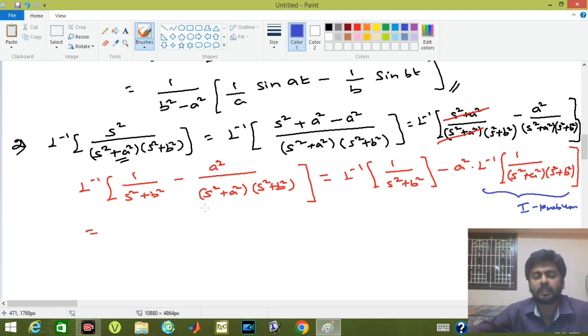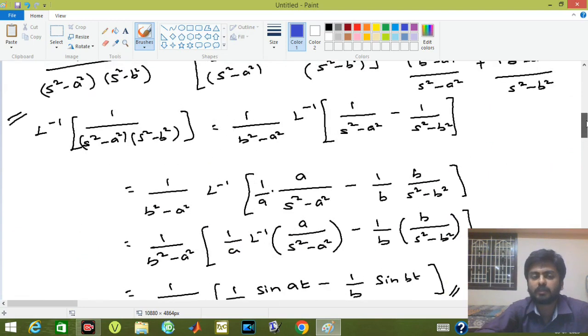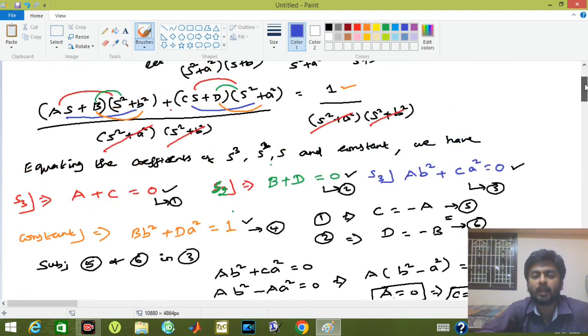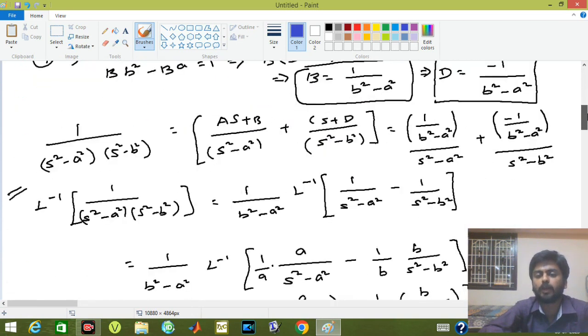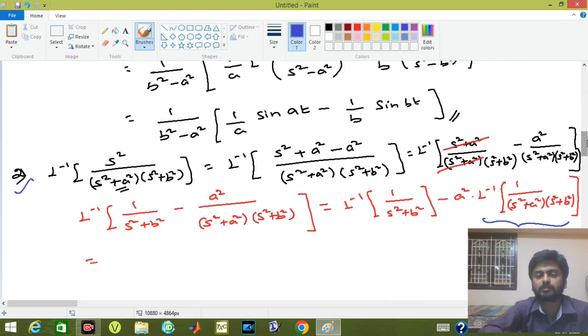If this question is asked in examination, from this step onwards you have to do the above partial fraction ideas. Okay, you have to do all these steps, and you have to obtain the final result, 1 by b square minus a square.